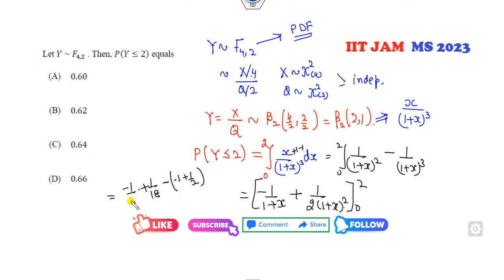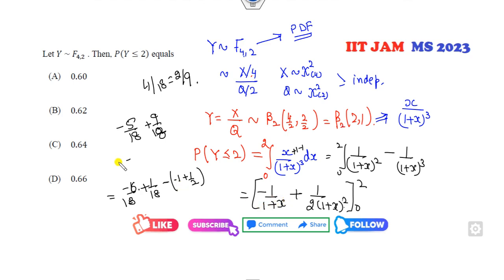So I can write as 18, 6. So minus 5 over 18, it's minus half plus 1 over 2. So that means 9 over 18. So 4 over 18, 2 over 9 is the answer of this problem.